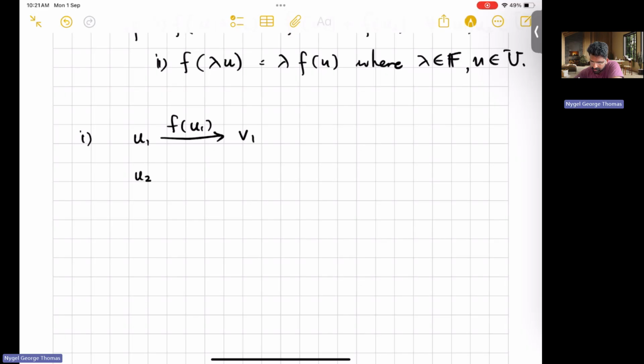We have another vector U2, you apply the same function over it and you get a V2.